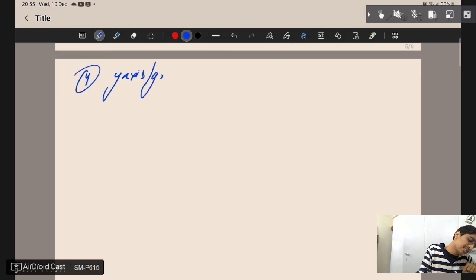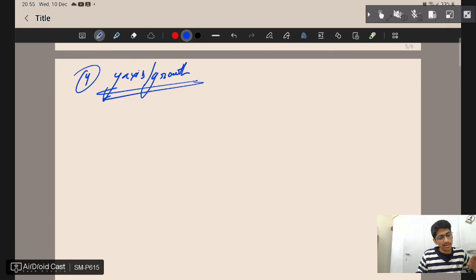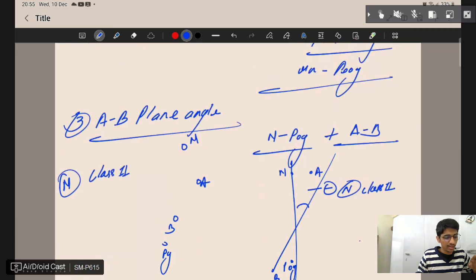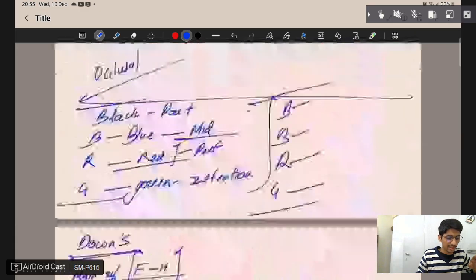So now the fourth thing, that is y axis or growth axis. By y axis or growth axis, basically it is telling us about the growth of the mandible, whether it is in the horizontal plane or in the vertical plane. So by knowing the growth, we need to see the graph again.